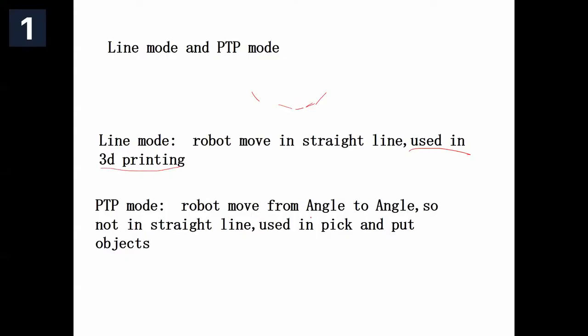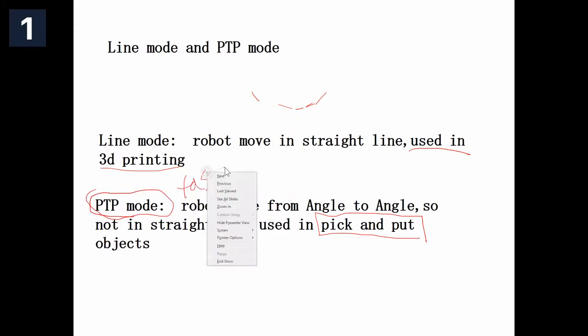But sometimes we pick and place objects. It's not needed to move in a straight line. If we use the P2P mode, this mode is the fastest way to move.